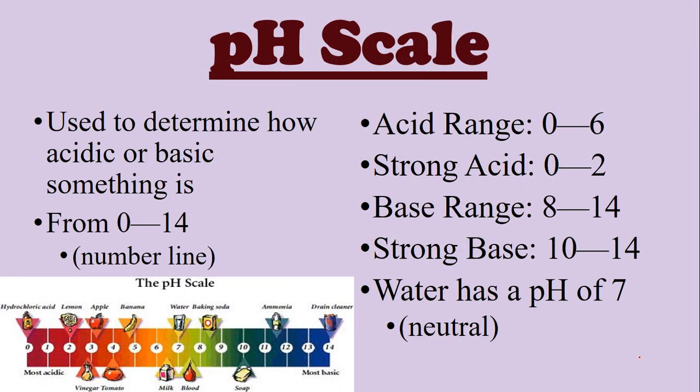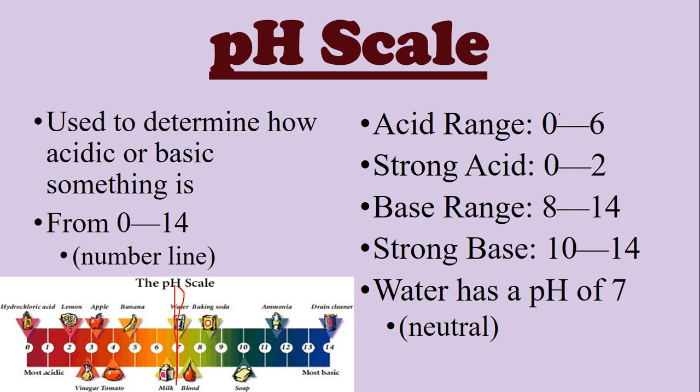Now, when we talk about acids and bases, we do need to talk about something called the pH scale. It is a number line, and it goes from 0 to 14, and we use it to determine how acidic or basic something is. The middle of the number line is 7. Numbers leading up to 7 are acid, numbers leading away from 7 are a base.